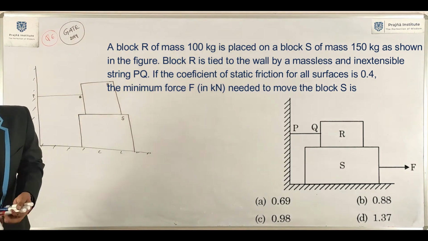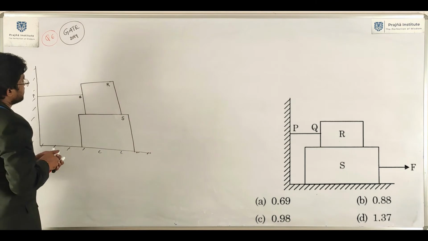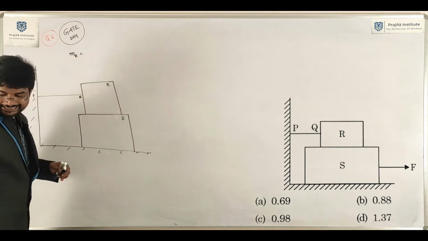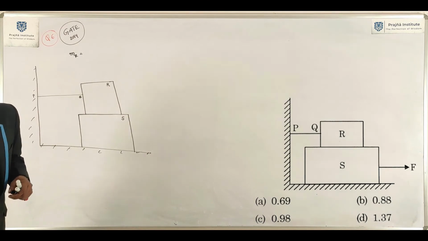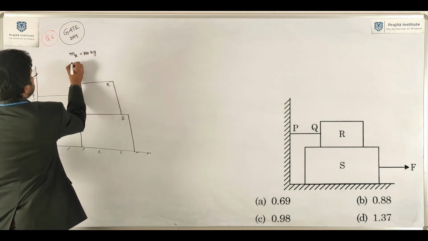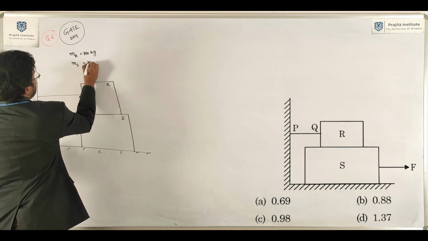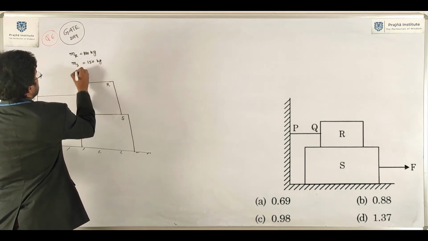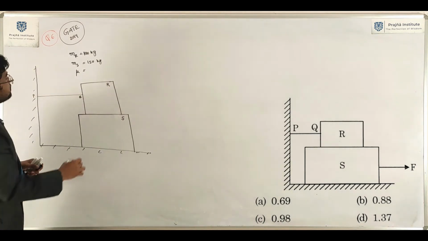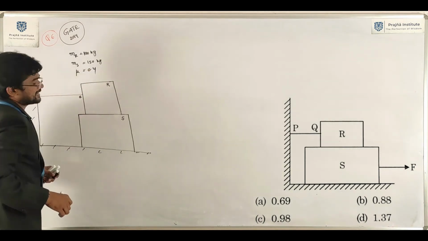Okay. So they are given mass of the block R, M_R equal to 100 kg. M_S is equal to 150 kg. Coefficient of friction mu equals 0.4 at all contact surfaces.